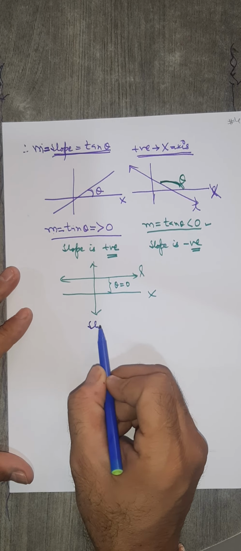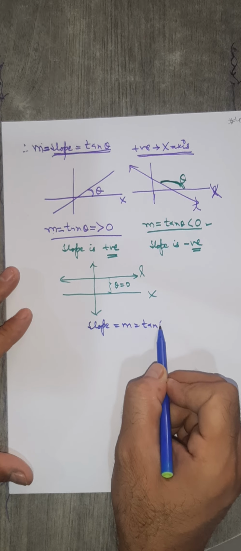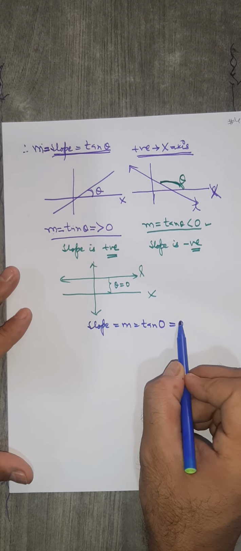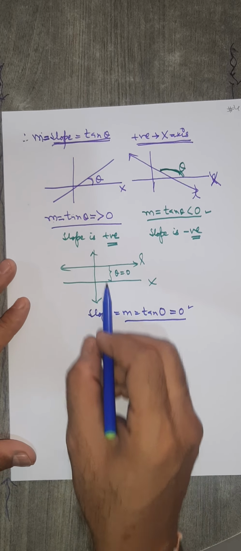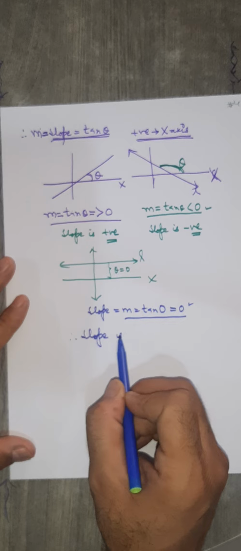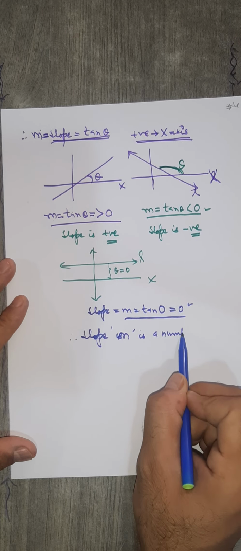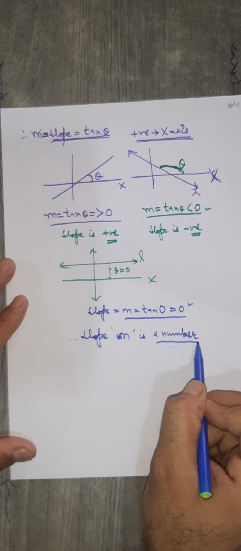So what is the slope here? Slope m equals tan of the angle 0. What is tan 0? 0. So slope is 0. So from this you can say that the slope m is a number. It can be positive, negative, or 0.